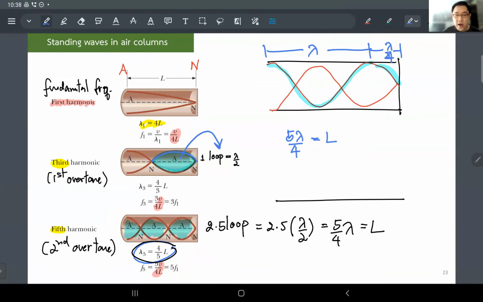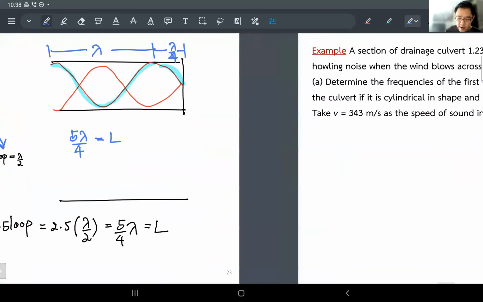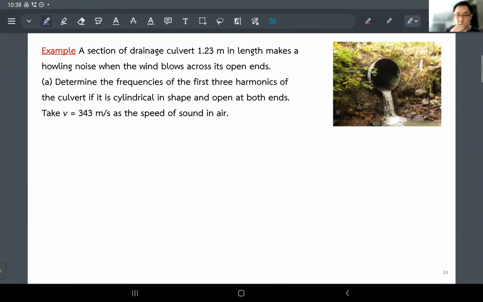All right, any questions, guys? If not, then here is a simple question that I want you to try. A section of drainage culvert 1.23 meters in length makes a howling noise when the wind blows across its open ends. That usually happens when wind blows into a tube, and it generates a howling sound.